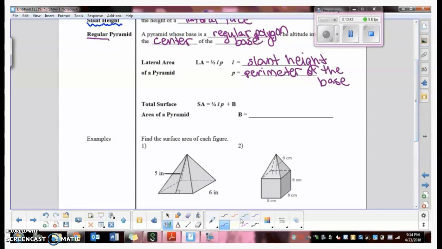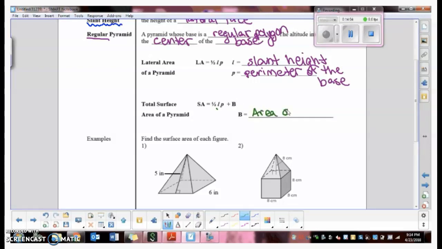So it's important to realize that when you see the formula that says surface area equals 1/2 LP plus B, what they mean by that is that L is the slant height, and P is the perimeter of the base.